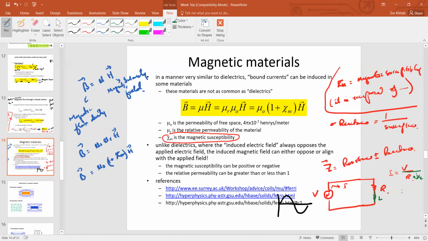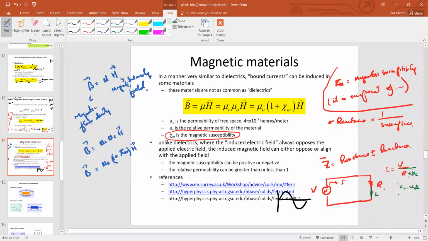That XL equals 2 pi FL. It's the reactance, coming from inductance. The effect of this reactance is to reduce the current I.